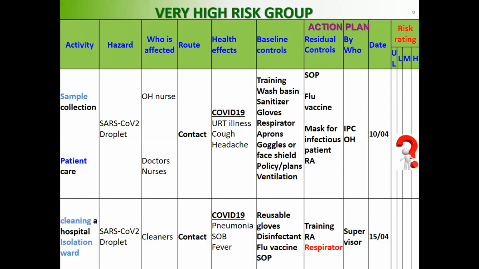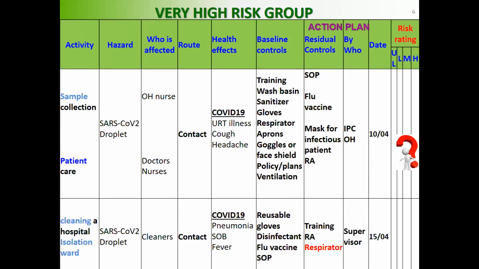So what you look at here is just examples. If you have this, the baseline controls will be what you have currently. If you currently have this, you are okay, then you just record what you have, and then residual controls will be what you think you should be having, but you're lacking.